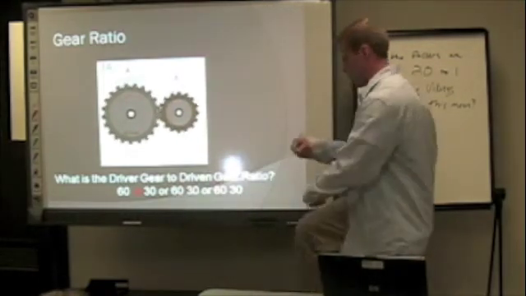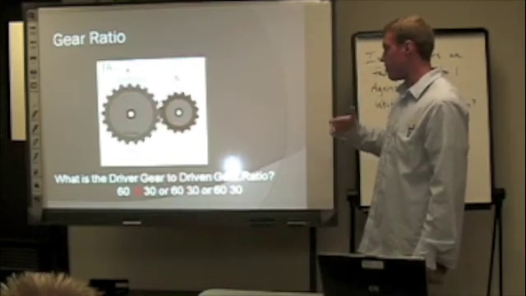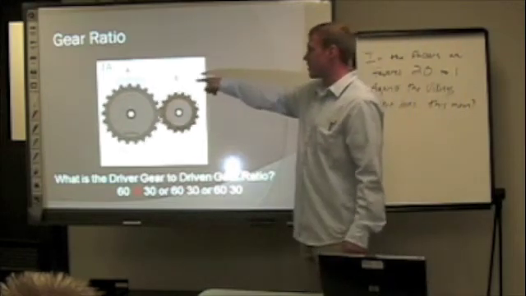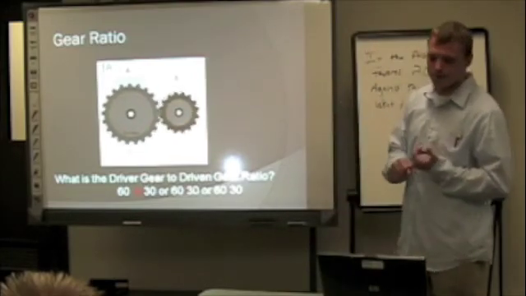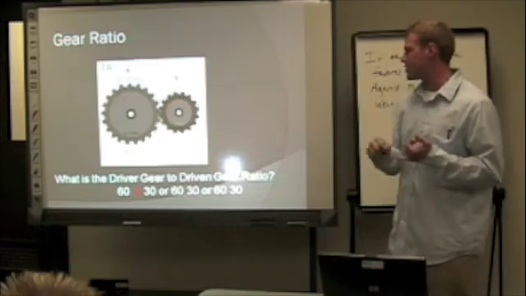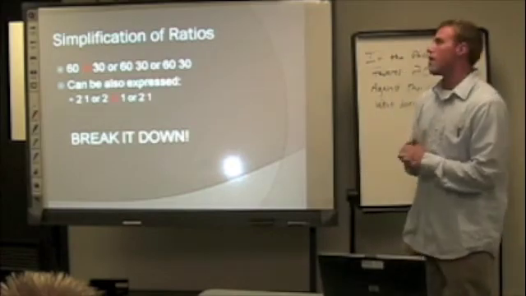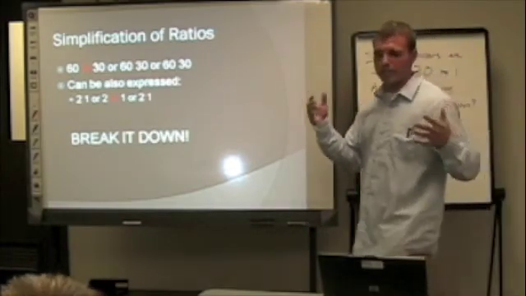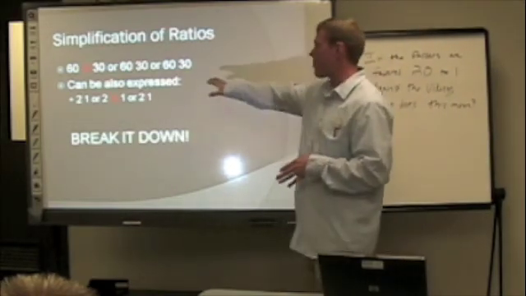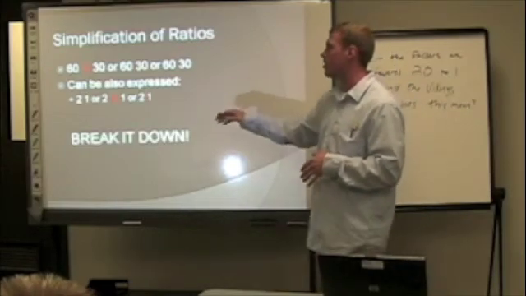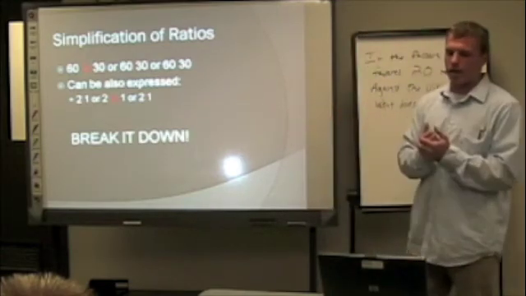This could be like a bicycle example, and it's asking driver gear to driven gear, and there's 60 teeth on the front and 30 teeth on the back, so it can be expressed as 60 to 30, 60 over 30, or 60 colon 30. All right, next. Sometimes that's too much information to comprehend, and simplification needs to occur. So that right there can also be expressed as 2 to 1, 2 colon 1, or 2 over 1. So pretty much what you've got to do is just break it down.